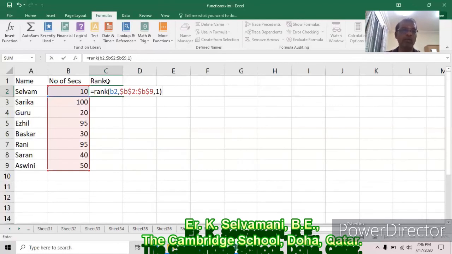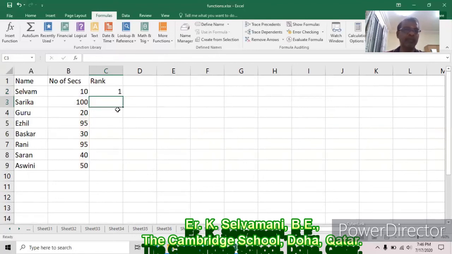So now in ascending order, out of the range of values from B2 to B9, where does B2 come? B2 comes first. It is last. Then similarly we can drag it here. 1, 2, third rank, 4, 5, 6 rank for 2 girls, and then there is no 7th rank, 8th rank.